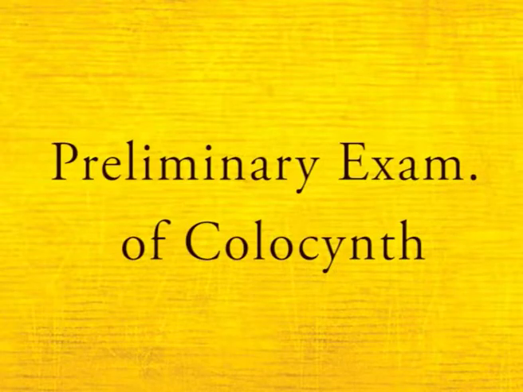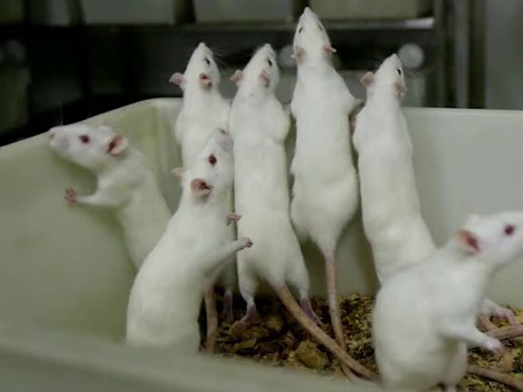Preliminary examination of Colocynth. Physiological test: to find out the acute toxicity of the aqueous extract of Colocynth, 5 rats are treated with a dose of 300 mg. The treated rats were observed for 24 hours for acute toxicity symptoms.